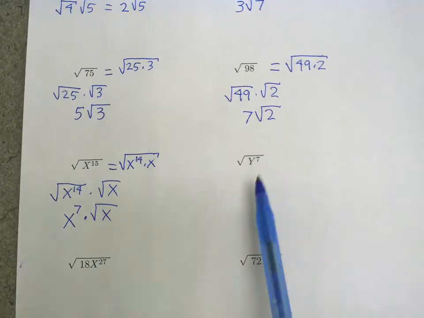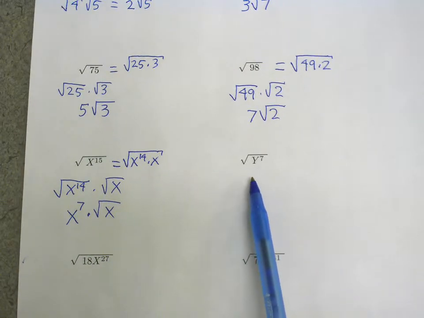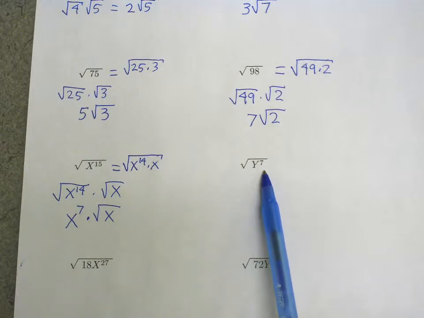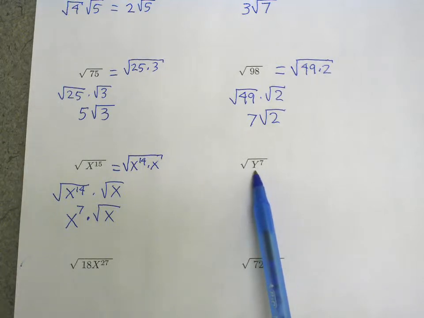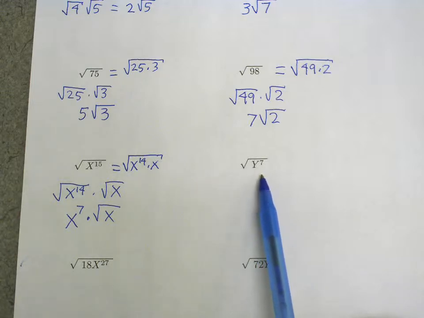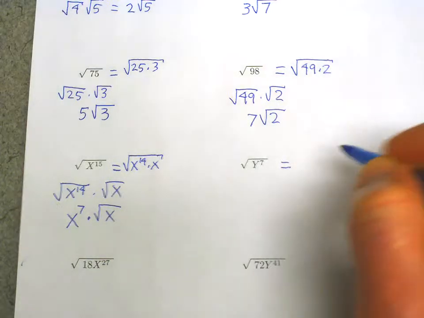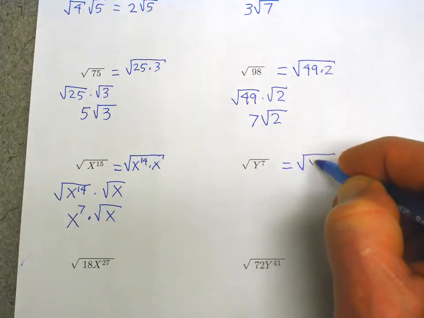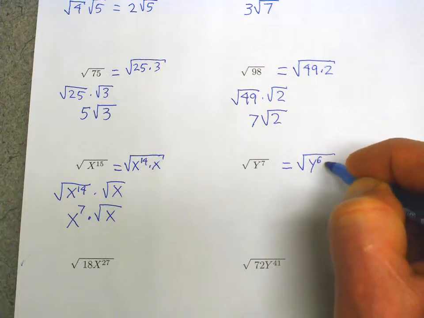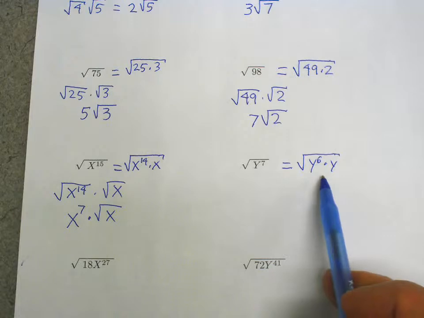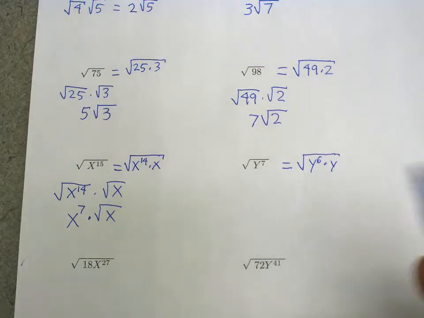In the next example, it's a similar type of situation. The exponent is odd. The largest factor of y to the 7th that is a perfect square is y to the 6th. Y to the 6th times y is y to the 7th. So we can rewrite this as the square root of y to the 6th times y, and then apply the product property of radicals.